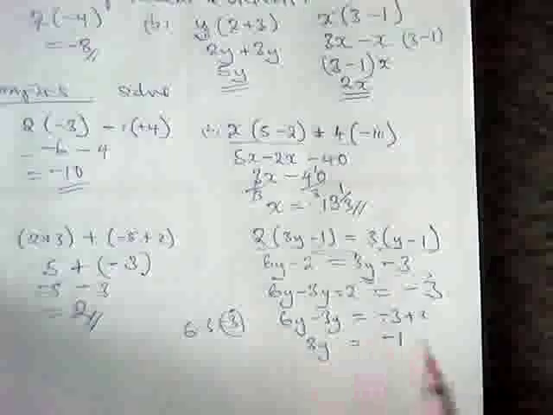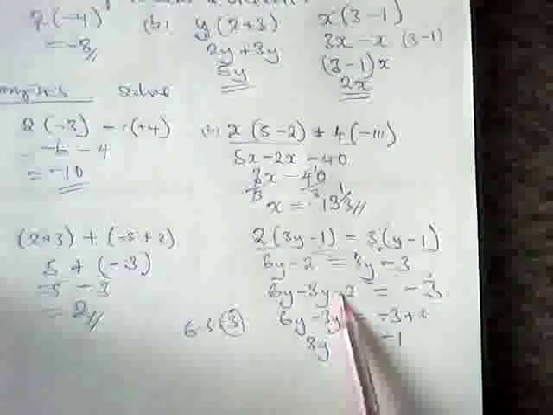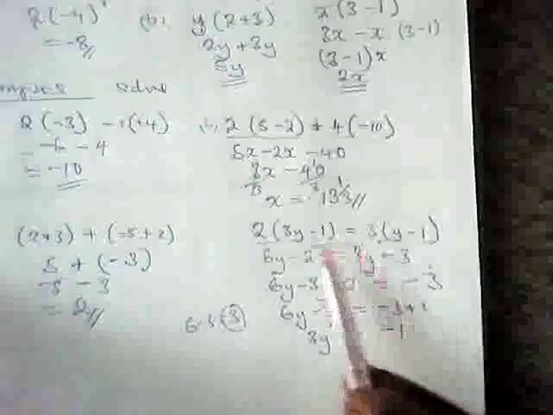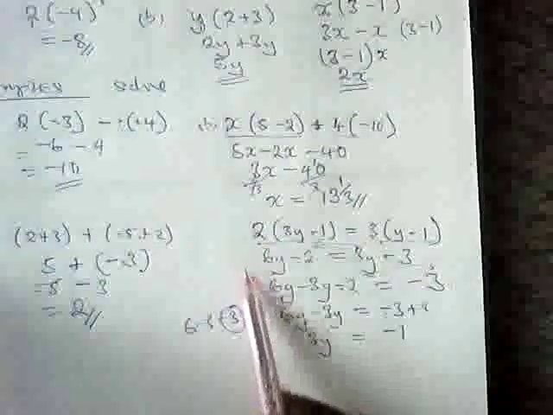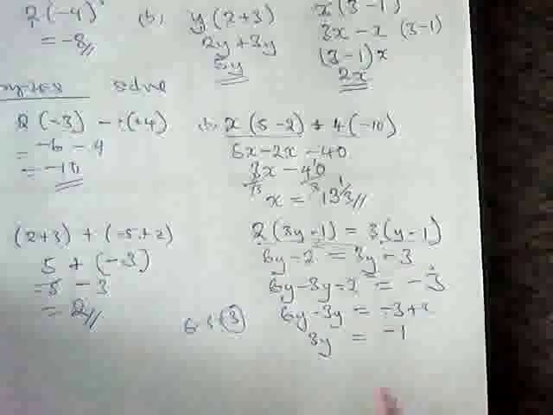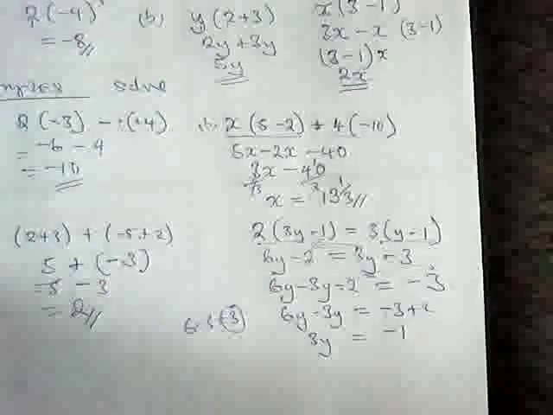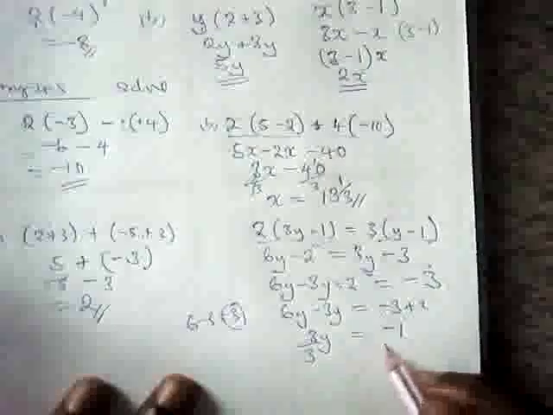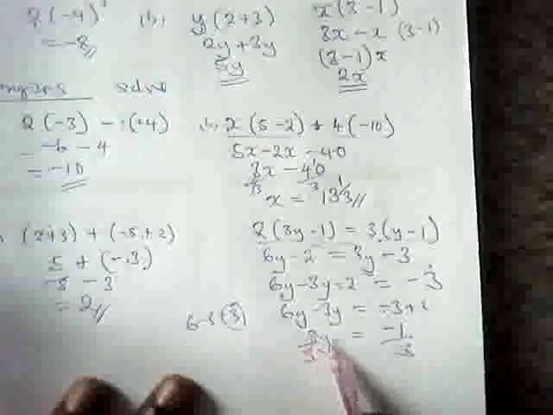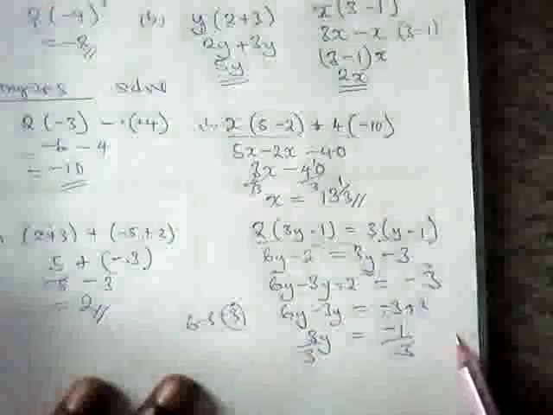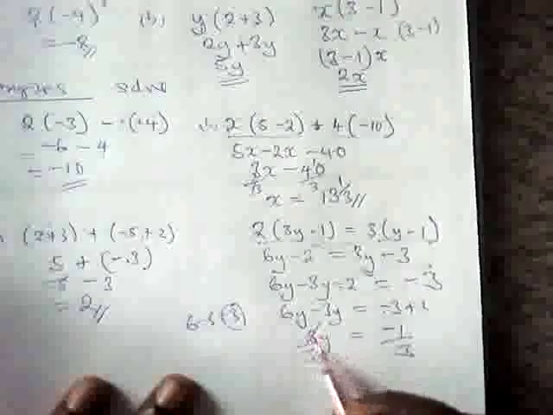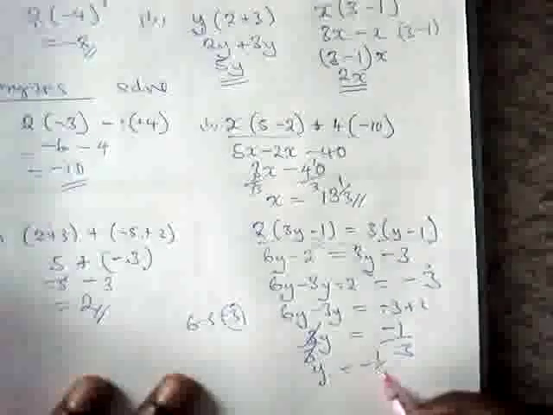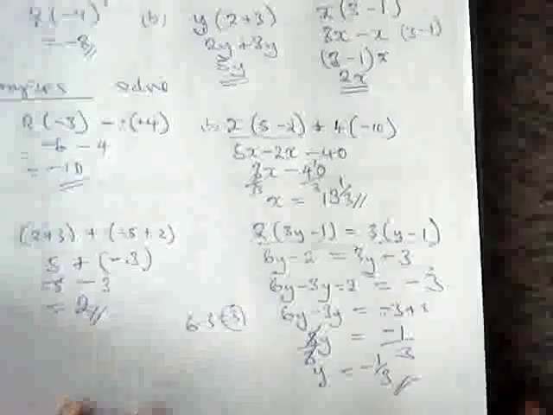We only lift or shift when you have minus, like in this case minus 2, or like this positive 2 and there is minus there, we can shift everything there. So in this case, multiplication goes with division, so you divide both sides by 3. When you have multiplication there, don't shift the number, divide. So this is 1. Y is equal to negative 1 over 3. So this is the final answer.